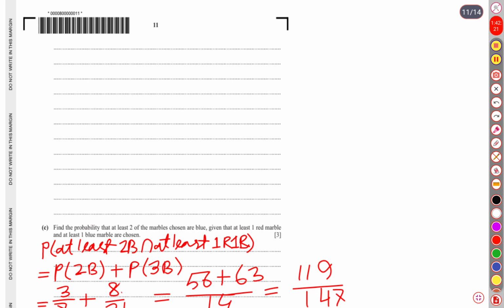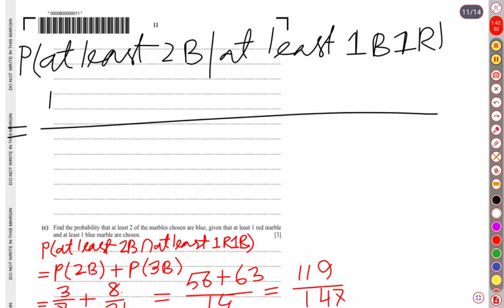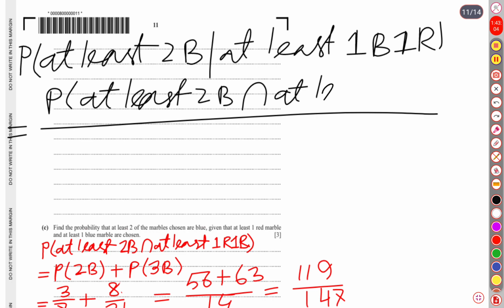So let us write the probability of at least two blue marbles, given at least one blue and one red, is equal to a fraction: the probability of at least two blue intersection at least one blue and one red marble.